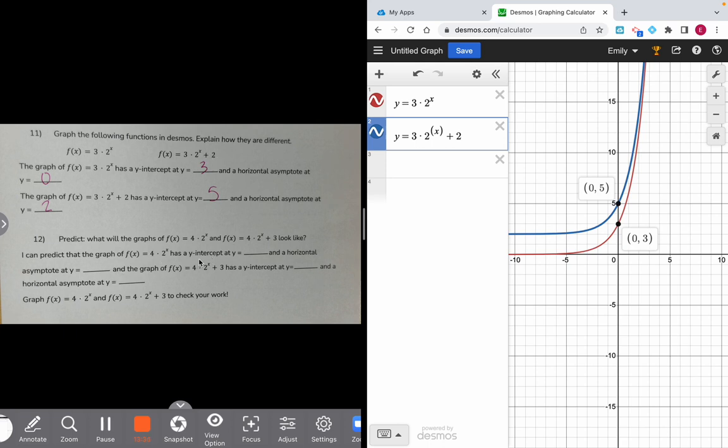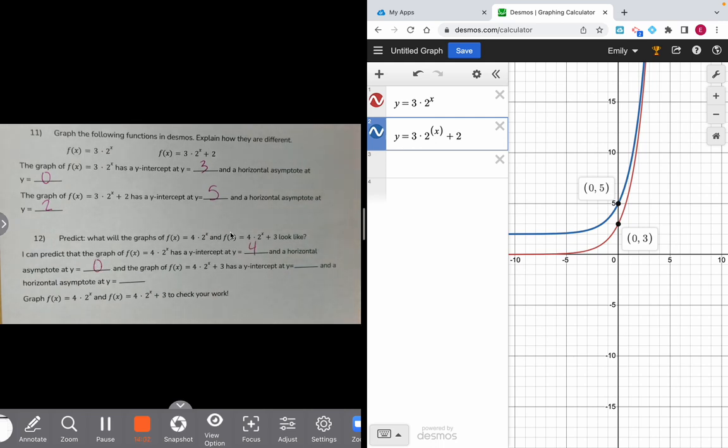So I'm going to predict that this has a y-intercept of 4, because up here this 3 carried down to this y-intercept. So I'm going to say that this 4 in this one is also going to carry down with a horizontal asymptote still at 0, because nothing has changed as far as that goes.